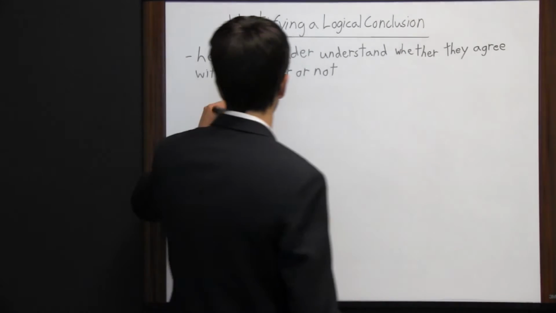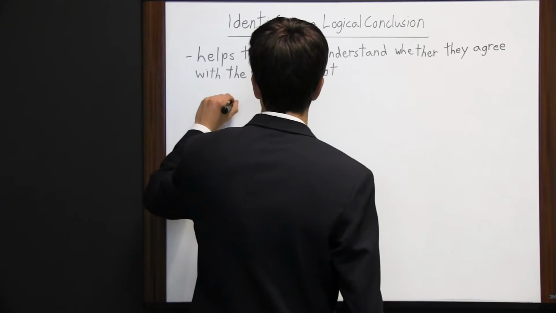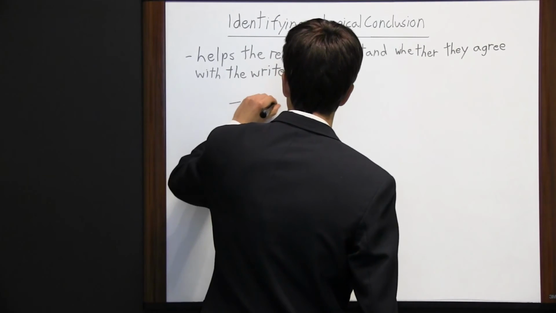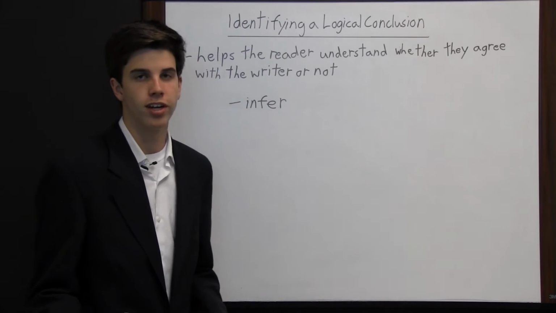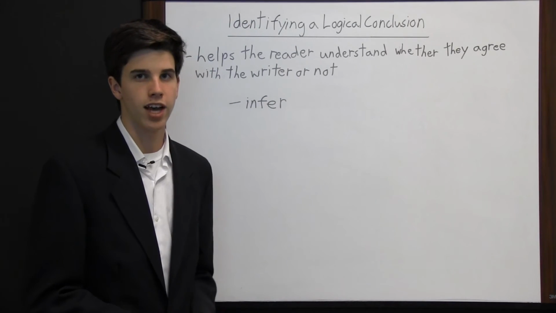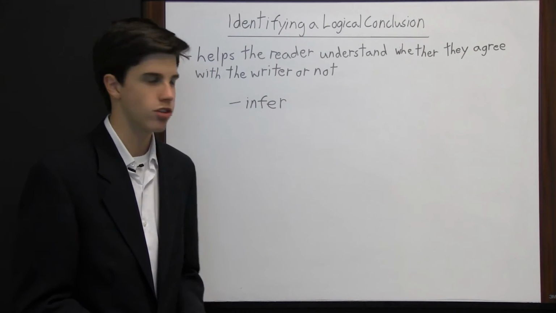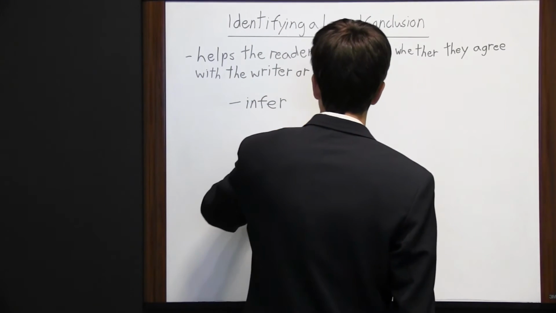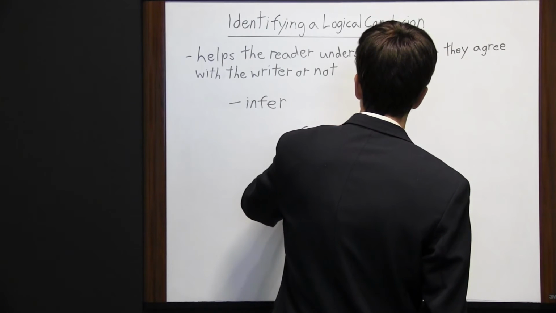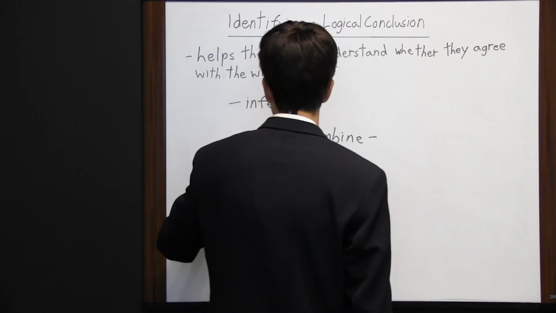So you're going to need to infer a lot, or make an inference. And to infer something just means to take what you already know and combine it with something else to draw a conclusion. So it's pretty self-explanatory. And so what you're going to have to do is you're going to have to combine two things.